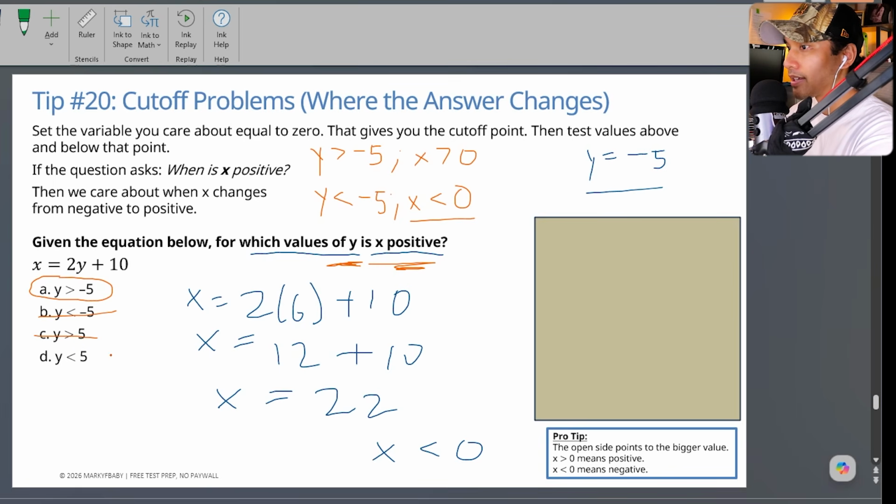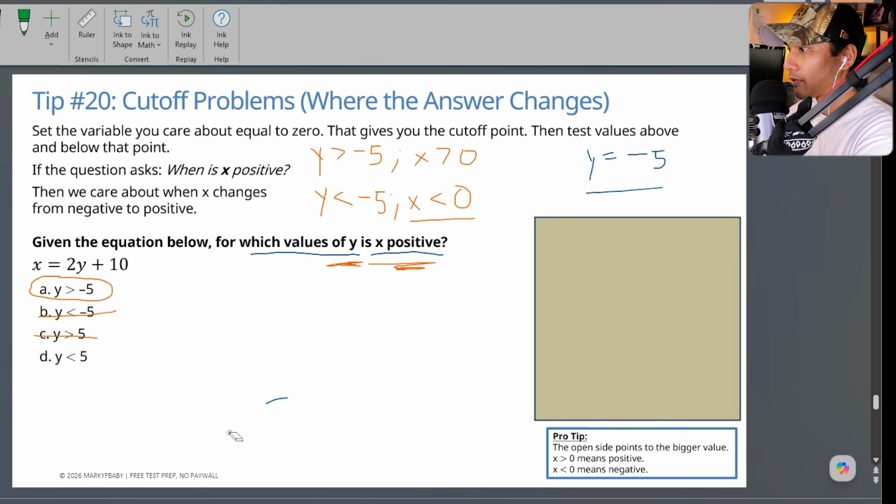So that's why this is incorrect. In this case, it's asking us to choose values that are less than 5. So let's choose, for example, less than 5, which was 0. Again, let me just rewrite this to make it 0.